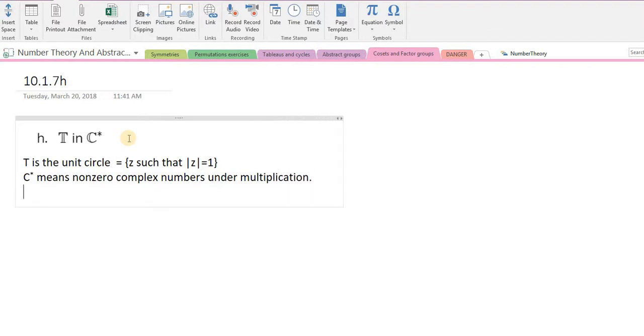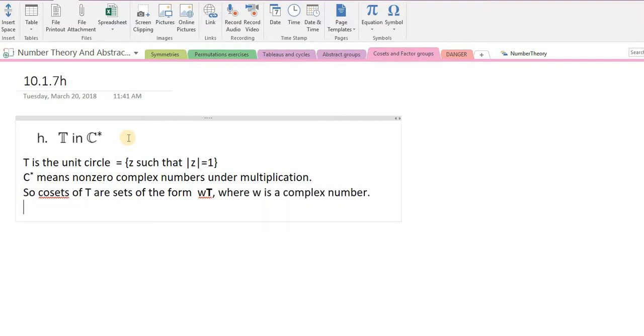Okay, so that means that when we find cosets, we're going to multiply T by something. So cosets of T are sets of the form, let's just say some complex number, call it w, times T, where w is a complex number.